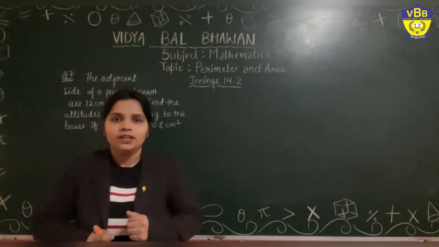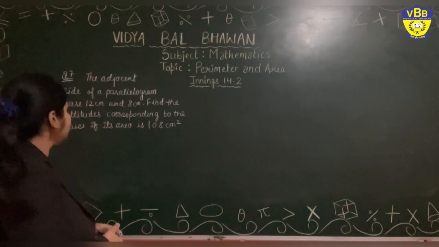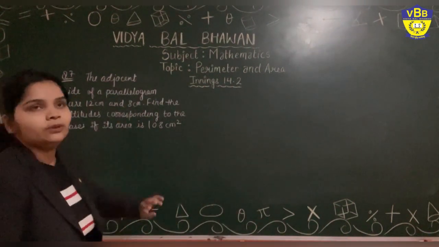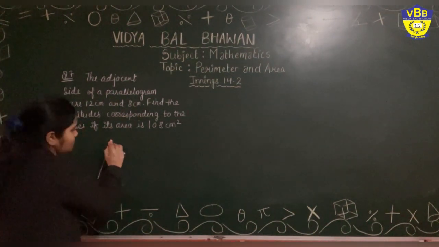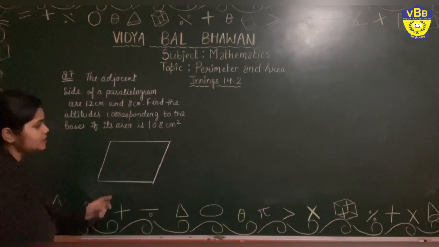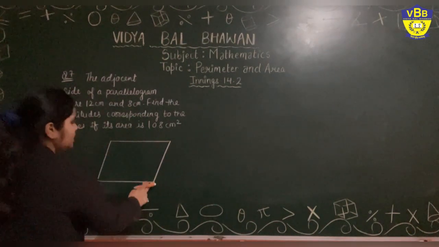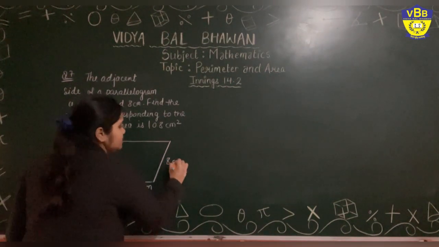This is it. So we have question number 7, that is, the adjacent sides of a parallelogram. If I draw this parallelogram over here, the adjacent sides are given as 12 and 8. This is 12 centimeter. This is 8 centimeter.